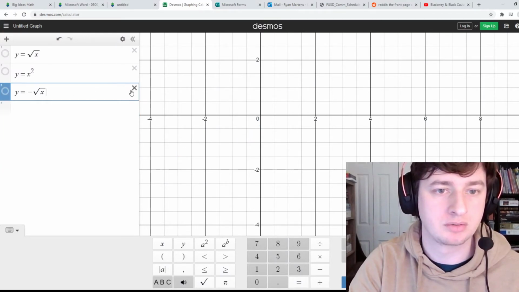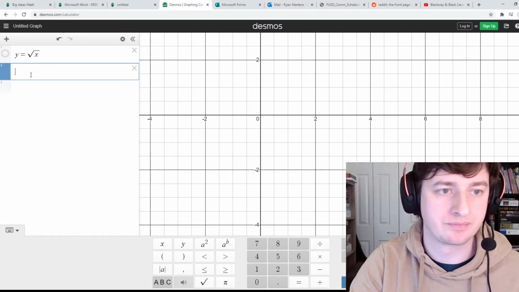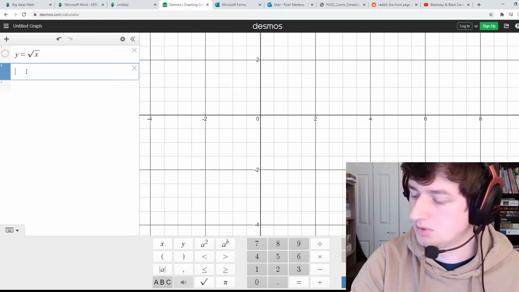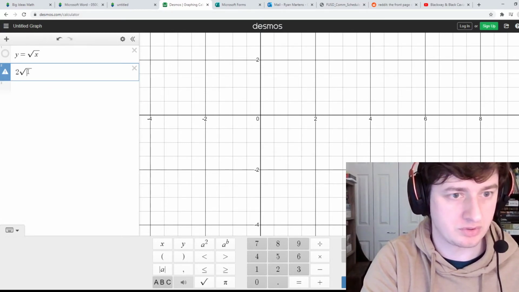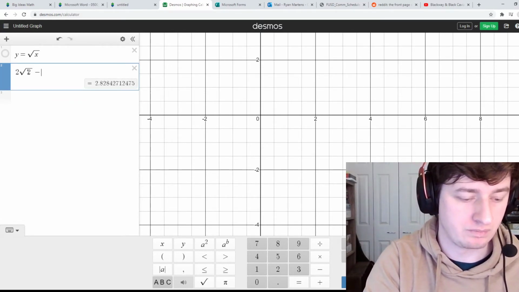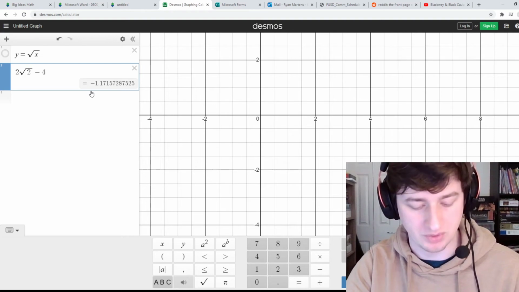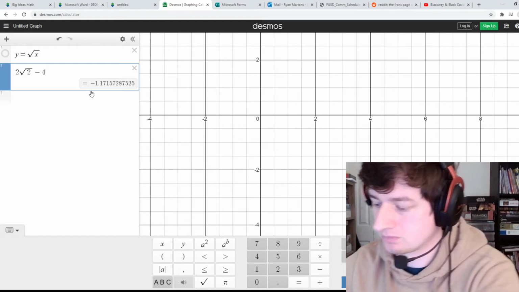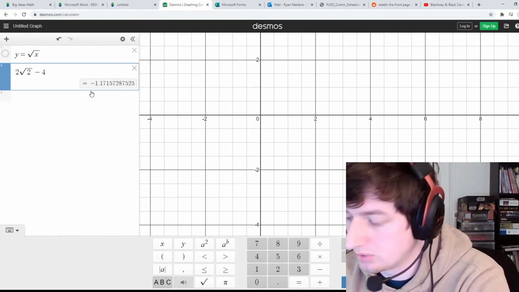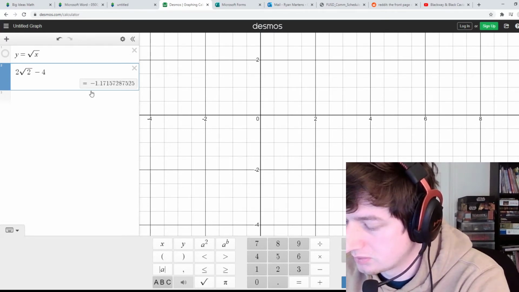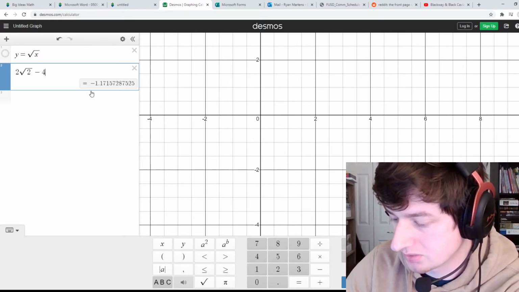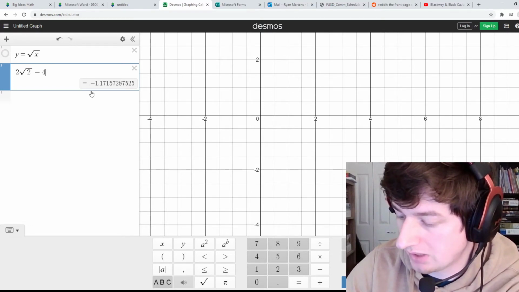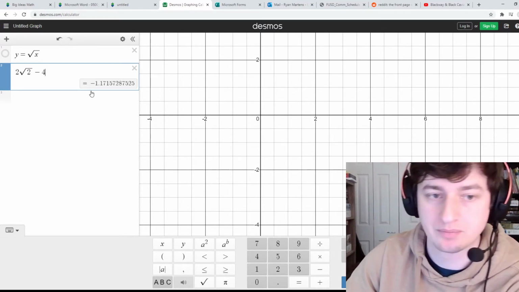We don't need it. It'd be 2 square root of 2 minus 4, so negative 1.17 and so on. We don't really need the other numbers. We're going to round it because I'm not accurate enough to graph all those decimal points accurately.